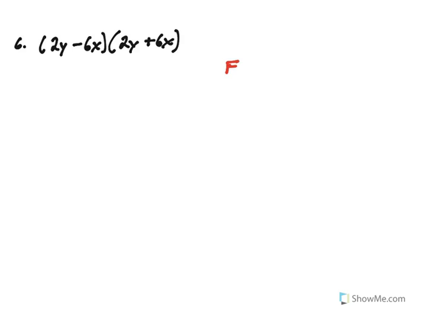So we're going to do F O I L. The first thing that we're going to do is the first, which is 2y times 2y. All right, 2 times 2 is 4.